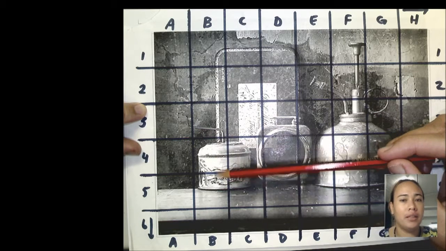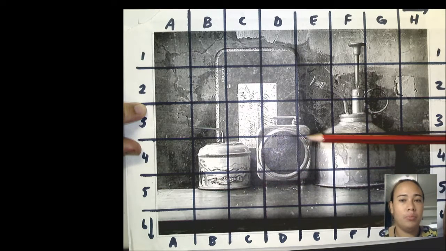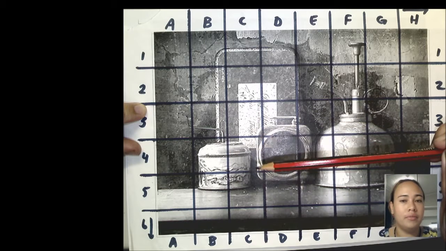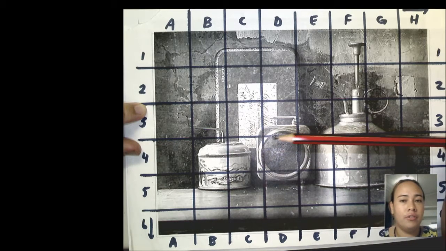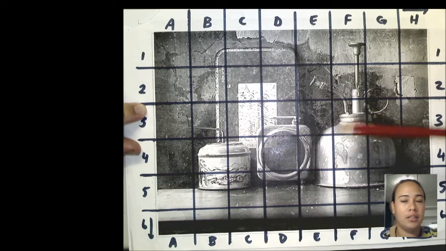So we can assume that that's the light hitting that object directly. On this object in the middle, we can see the light hitting the top corner, the curve on this rounded edge, and the bottom left edge. And then finally on the oil can, you can see the white here.